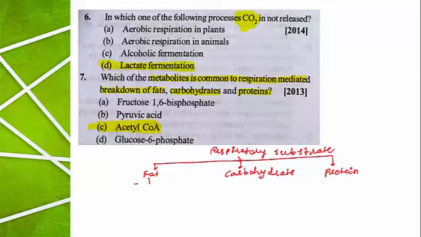When fat is broken down, it produces fatty acid and glycerol. The glycerol and fatty acid are the products of fat metabolism.